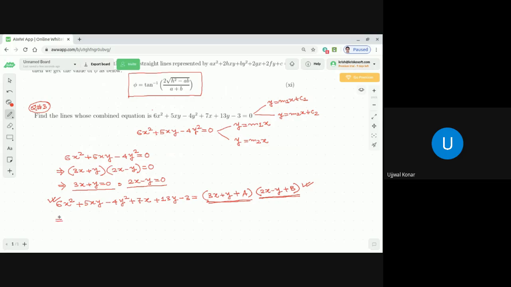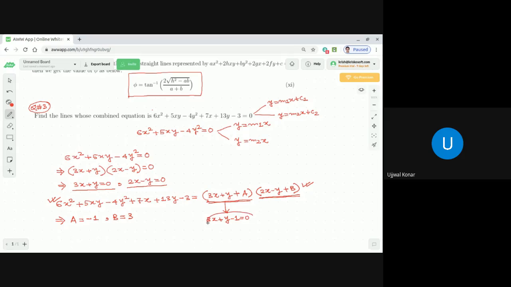If you do this, you will find the value of a as -1, and you get the value of b is equal to 3. So the corresponding equation, what is that? This becomes 3x plus y minus 1 equal to 0.